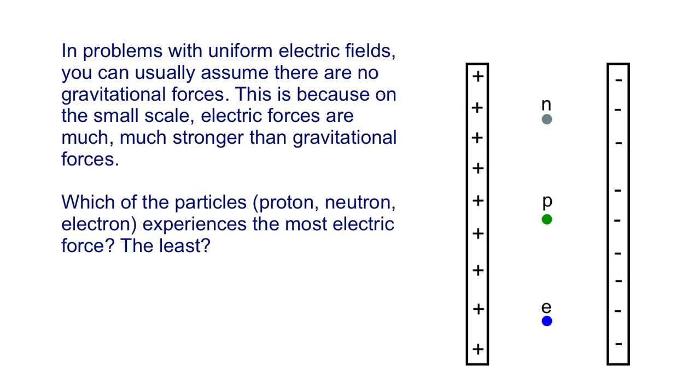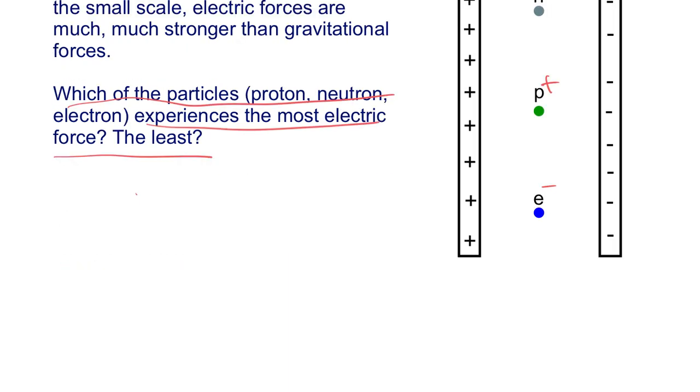So here, a neutron has no charge, a proton is positive charge, an electron is negative charge. Which of these particles experiences the most electric force, the least? The equation for a field is F over Q. So they're looking for the electric force.